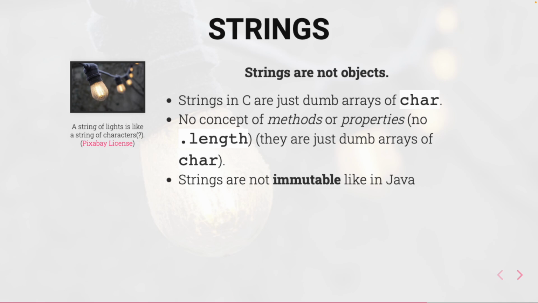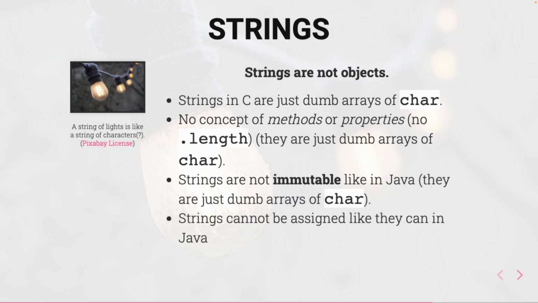You can change individual values in arrays, thus you can change individual letters in a string, because strings are just dumb arrays of char. Strings cannot be assigned like they can in Java. We are able to assign the value hello world to that string on initialization, but you can't do that again.